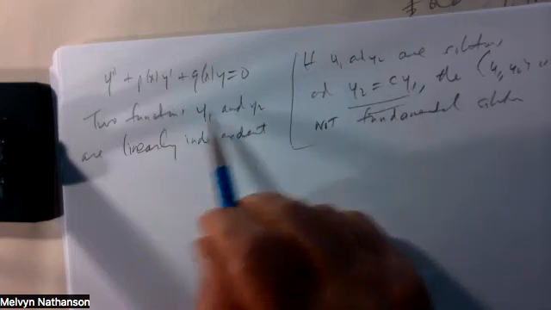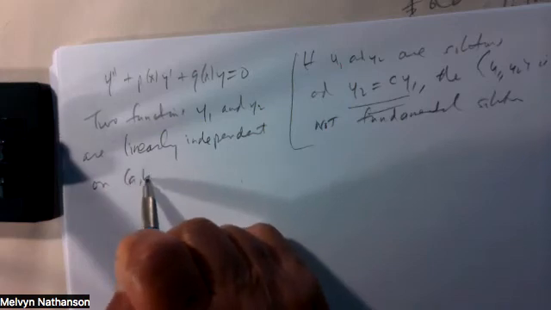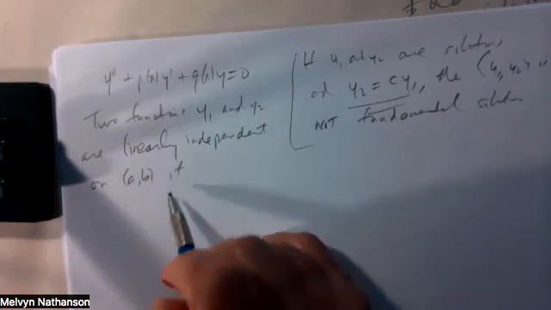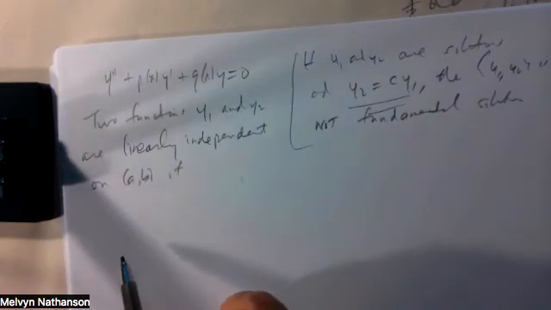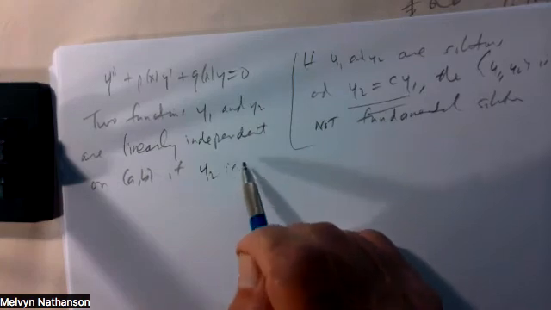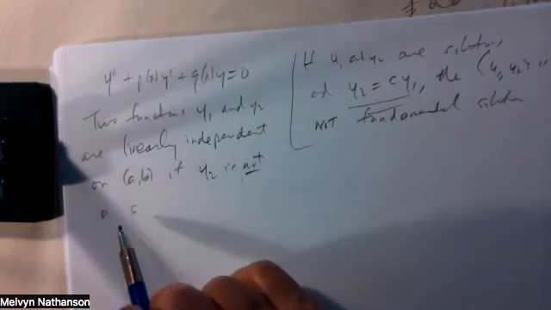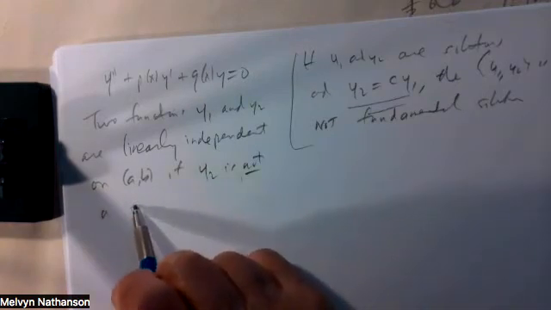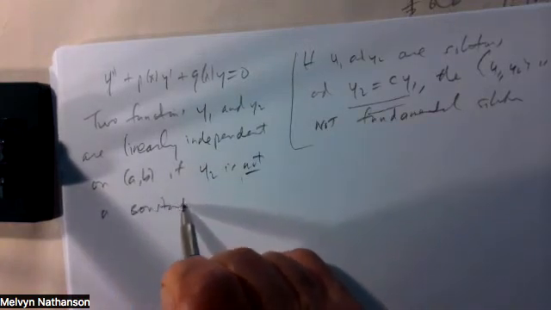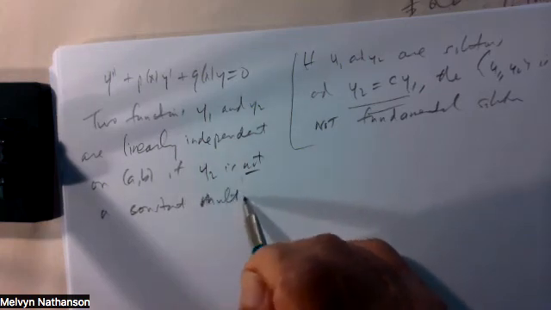We say that two functions, y1 and y2, are linearly independent on the interval from a to b if y2 is not a scalar multiple, a constant multiple, of y1.